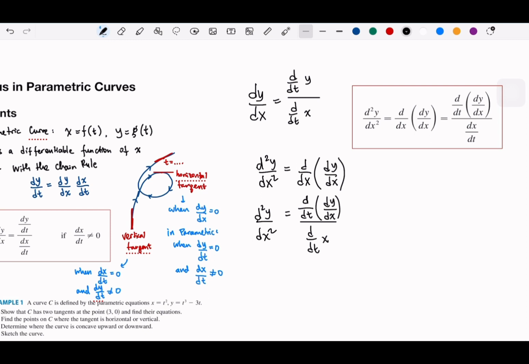The one that you try to find is this, so change y with dy dx. If you want to derive one more time, what you need to care about is this one, because they are always connected, while the other one you can use the second derivative directly here.